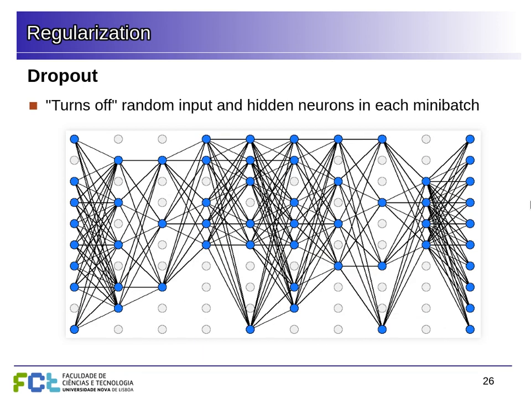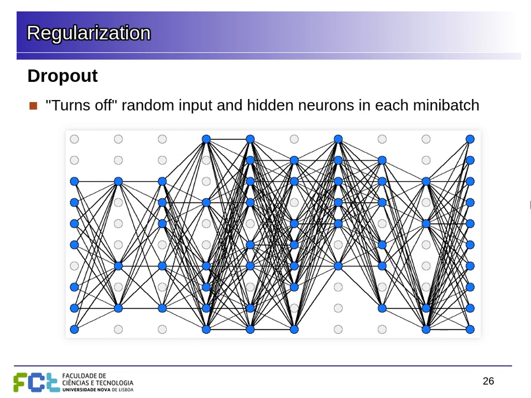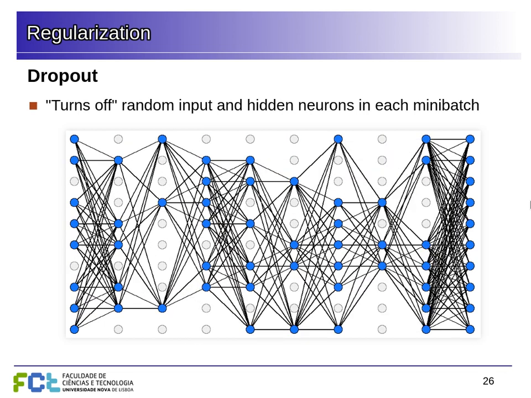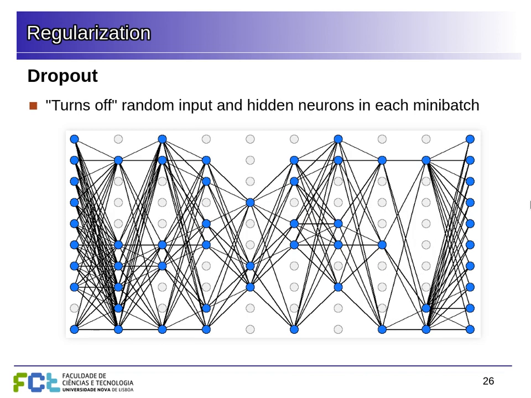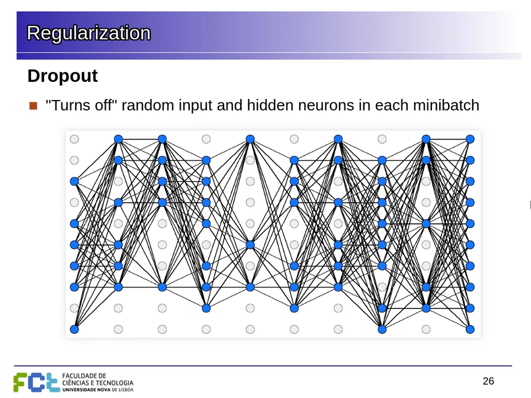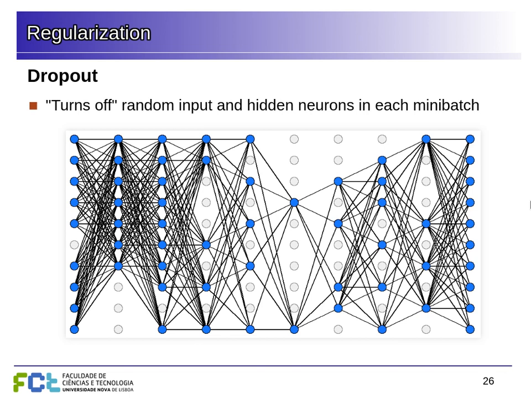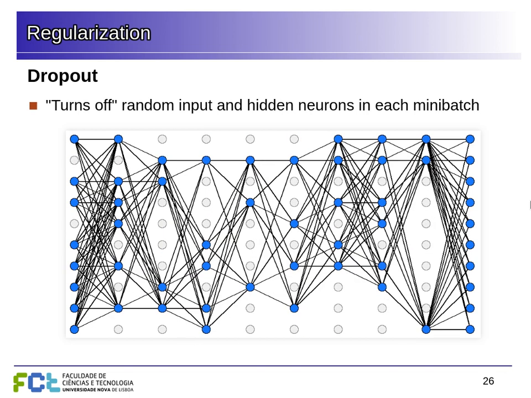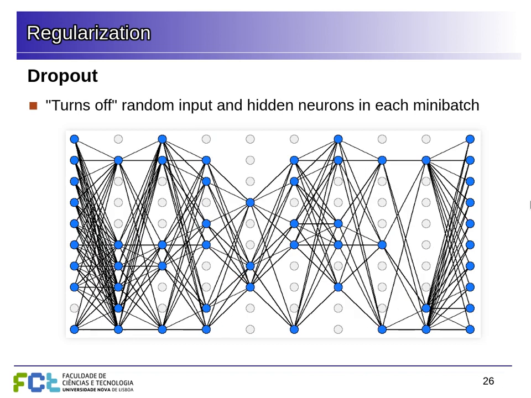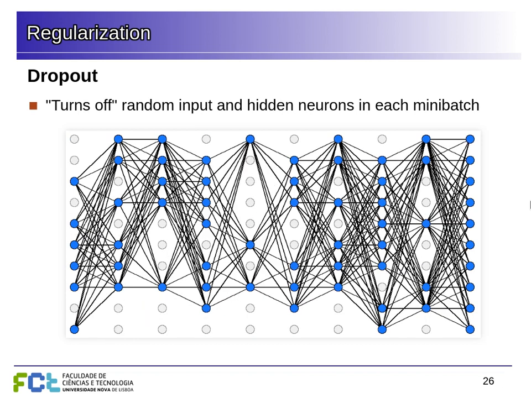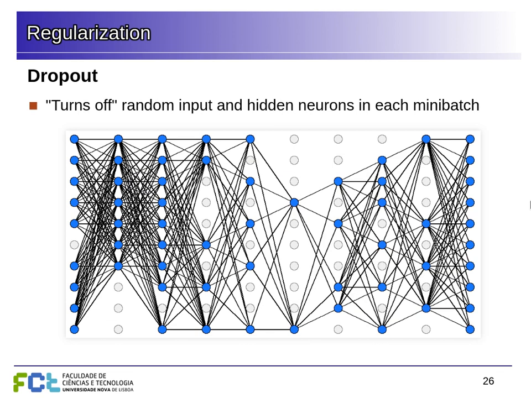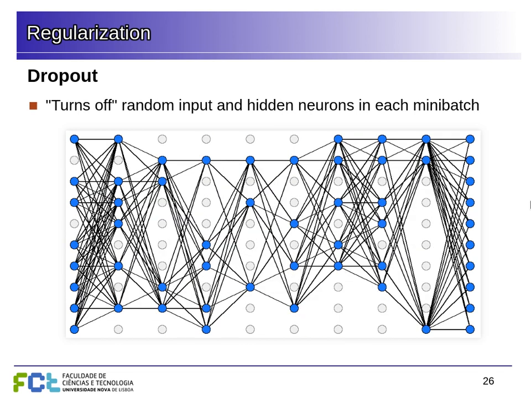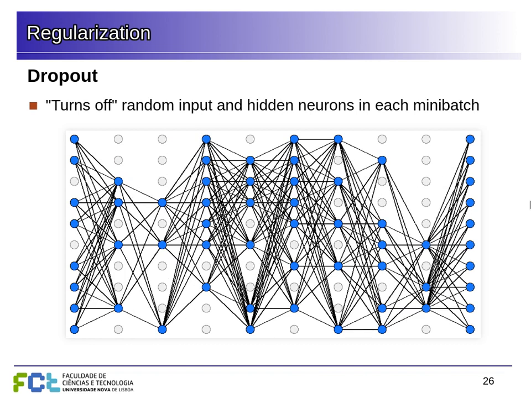Usually, in the input layer, we do this with a smaller probability, for example, 20% probability at each batch to disconnect the neuron. In the hidden layers, we can use a higher value, for example, 50%. In the output layer, we don't drop anything because we need those outputs for classification. So basically, at each mini batch, the neurons that are dropped are simply ignored, both the neurons and their weights, and we are pretending they don't exist in the network.